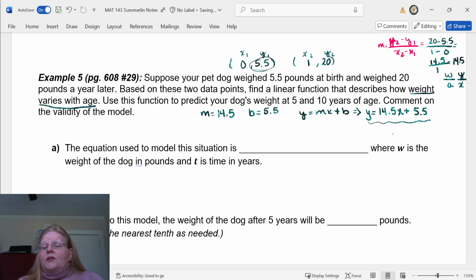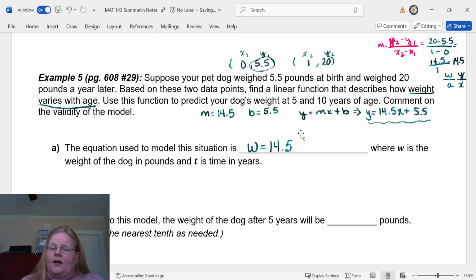What do you think our X is? We said X was age. Age in this case is going to be what? And W is obviously the weight. That's what we said it was. So weight is our Y. So W equals 14.5.